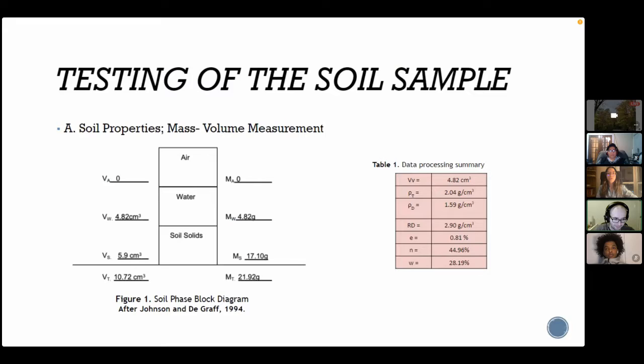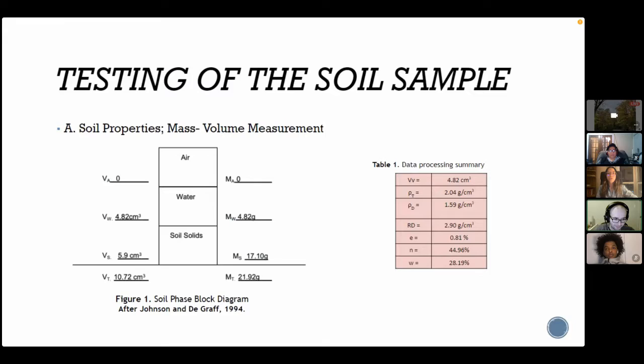With this data, we determine the mass of the water, the solid, and the total mass, and at the same time the volume of the soil, the water, and the total volume. With that information, we also determine the volume of the void, which was 4.82 cubic centimeters. That means the spaces in between the individual grains in the soil.